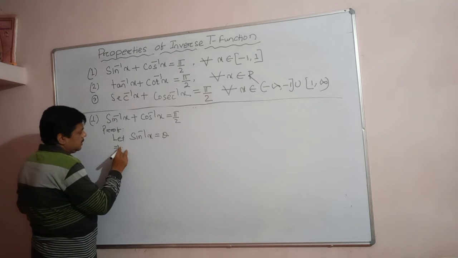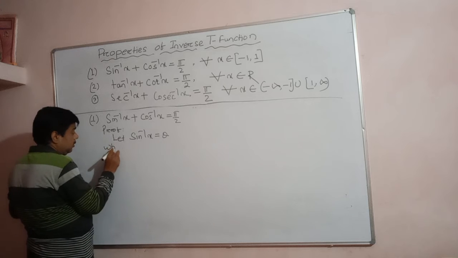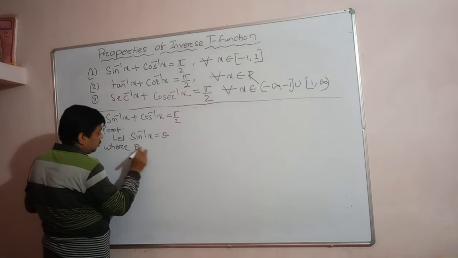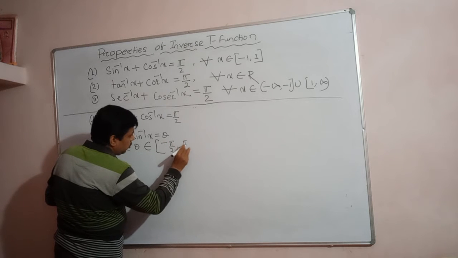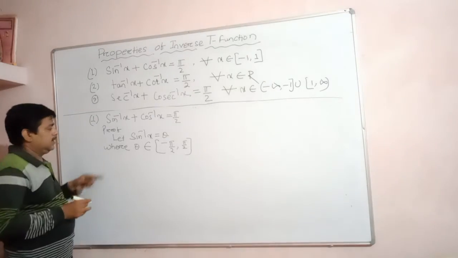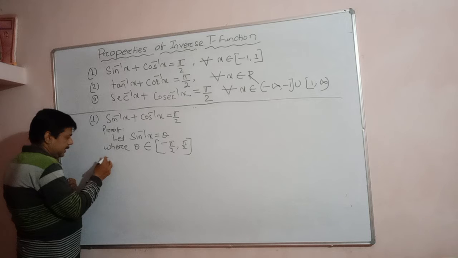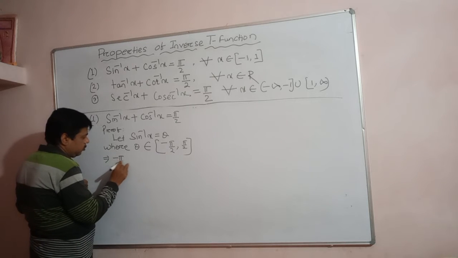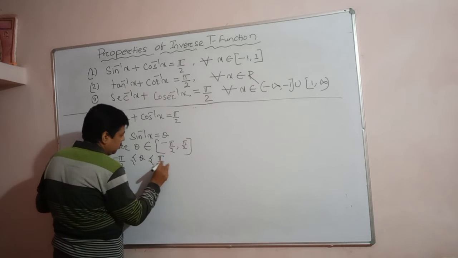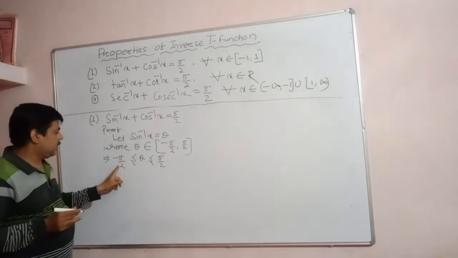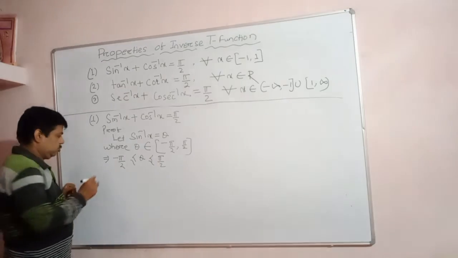So that implies sine inverse of x is theta, where theta belongs to the principal value range of the sine inverse function, the closed interval minus pi by 2 to pi by 2. That implies minus pi by 2 is less than or equal to theta is less than or equal to pi by 2. It means theta will lie between minus pi by 2 and pi by 2.